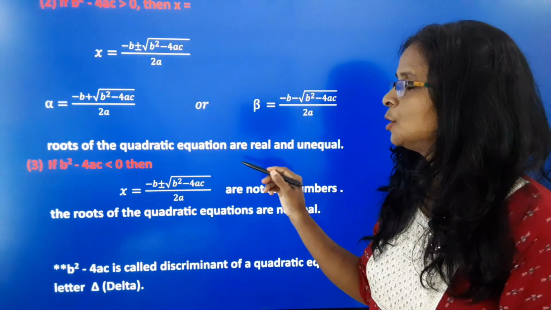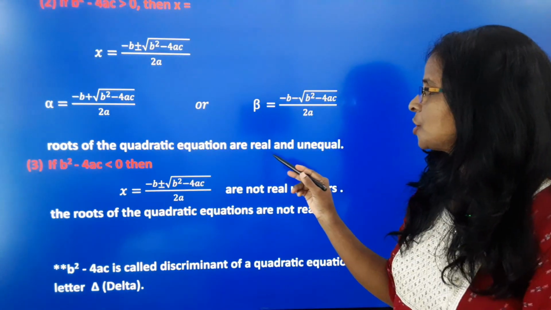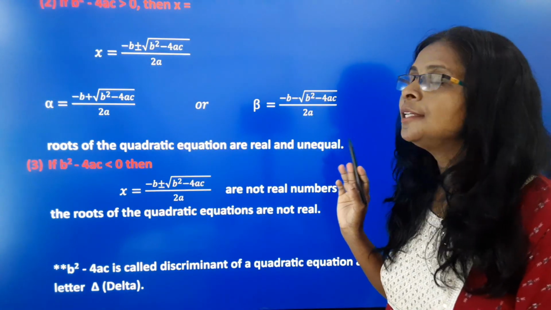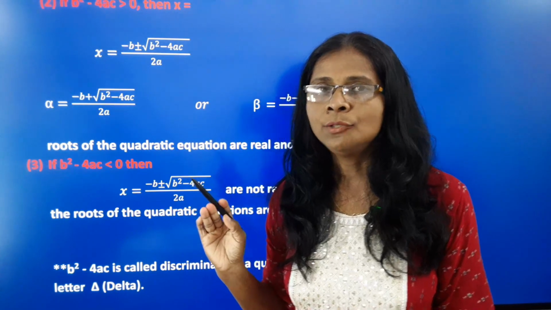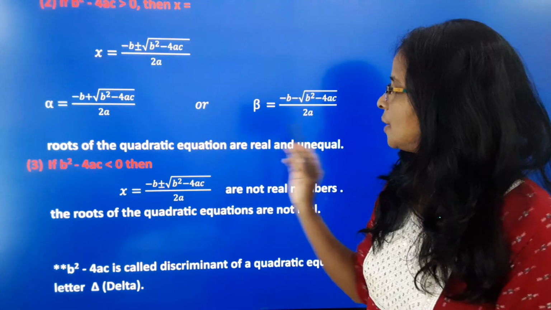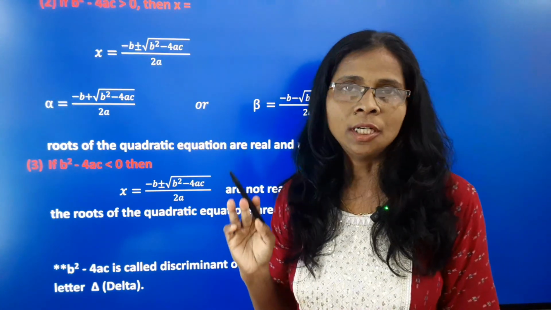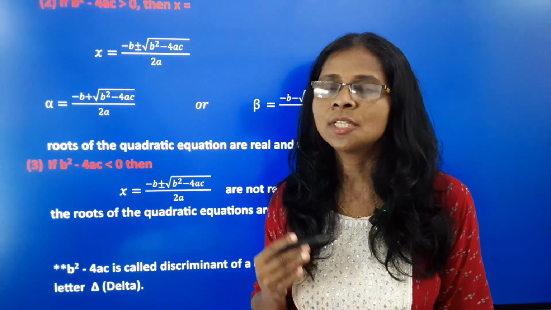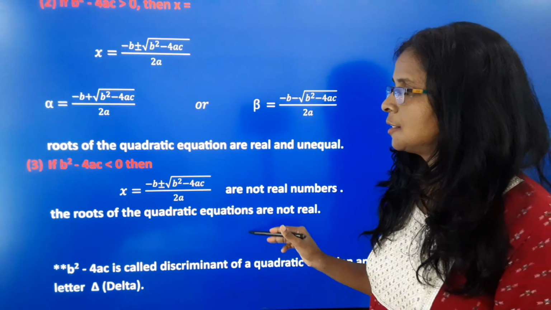So the two roots of the quadratic equation are real and unequal. We get two separate solutions, and the values are real. So the nature of the roots is real and unequal in this condition.